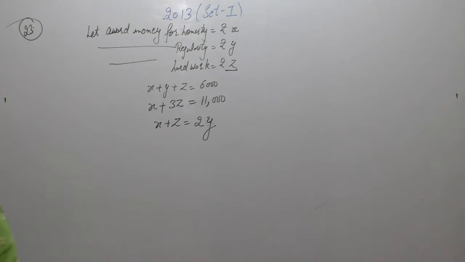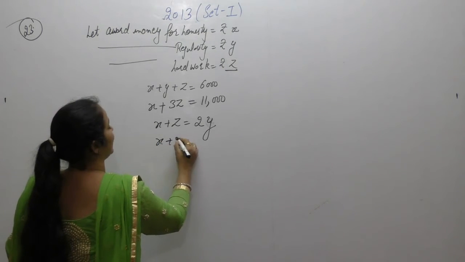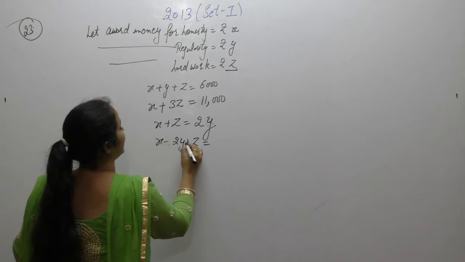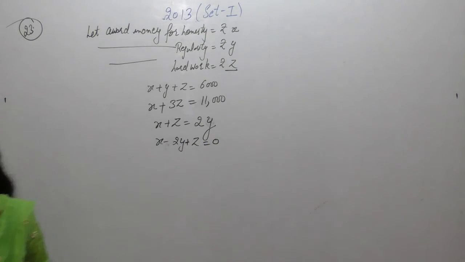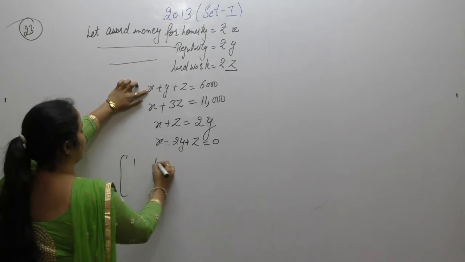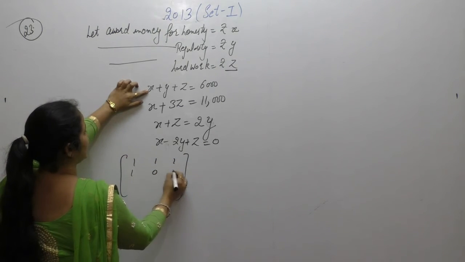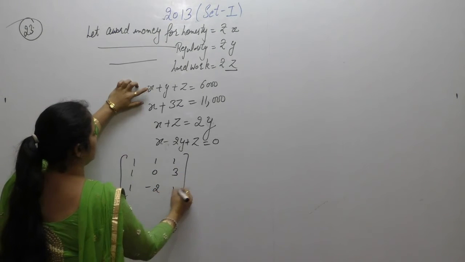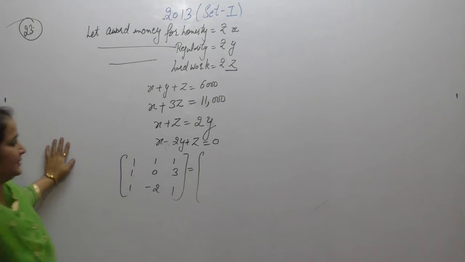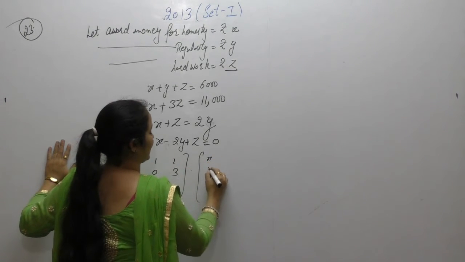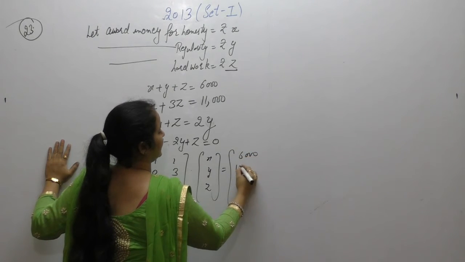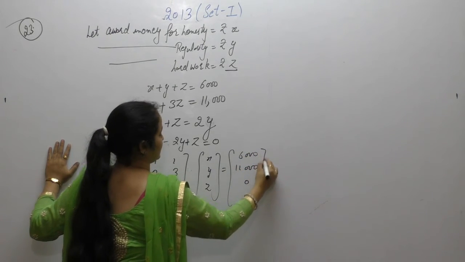So these are the 3 equations: x plus y plus z is 6,000, x plus 3z is 11,000, and x minus 2y plus z is 0. Now we can write these equations in matrix form: [1 1 1; 1 0 3; 1 minus 2 1] into [x y z] equals [6,000, 11,000, 0].